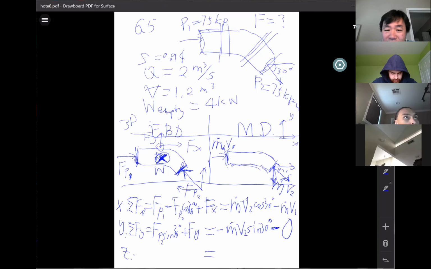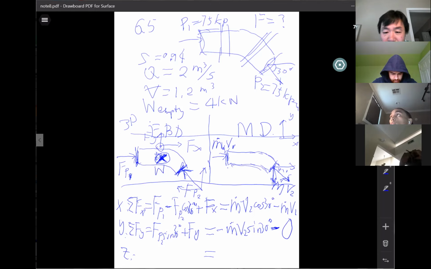If you have a correct drawing, then you can just follow the drawing. So you will see positive Fx, positive Fp1, a negative Fp2 on the X direction, so it's cosine 30 degrees times Fp2. These are all three forces on the X direction.